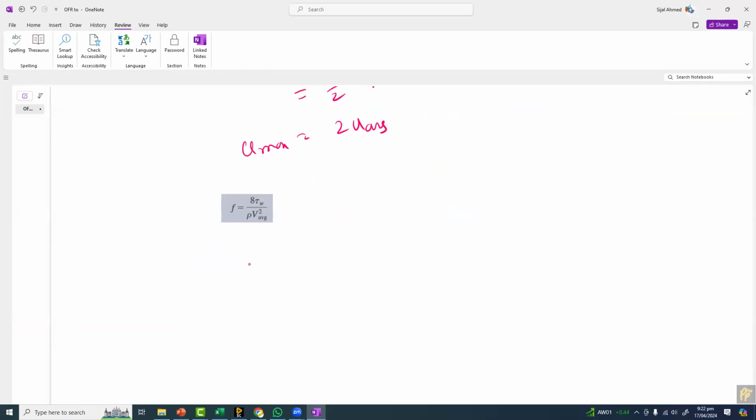Okay, so you know this Darcy friction factor actually is a friction factor. Friction, not fraction. Sorry for my pronunciation. Actually, this represents the losses in the pipe.